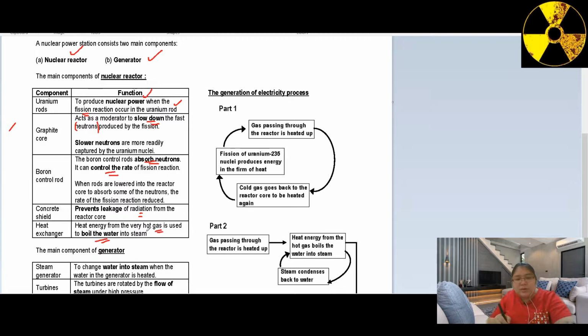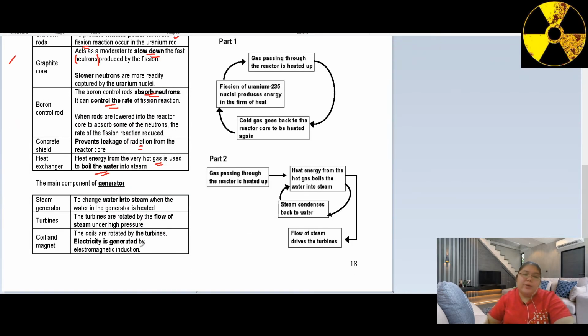They're using this hot gas to boil the water into steam. The water normally is a liquid, is it? They're using the gas to heat the water to become steam. So this one we call heat exchanger. This is the part for the reactor. So the whole part is used for the nuclear fission.